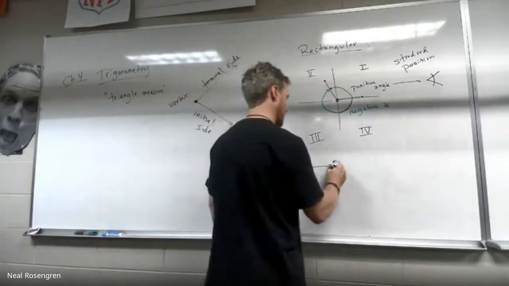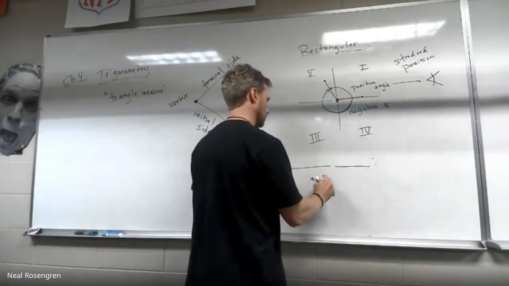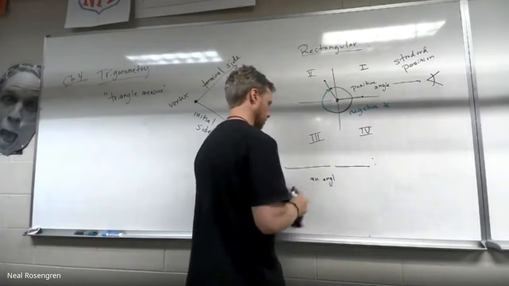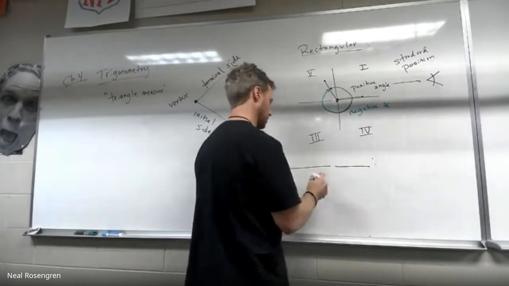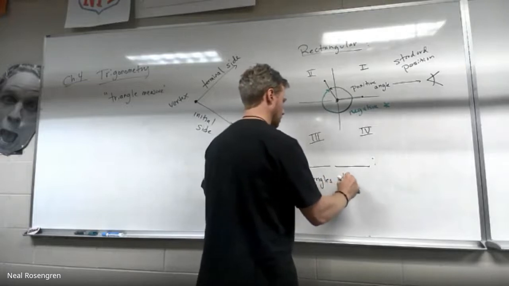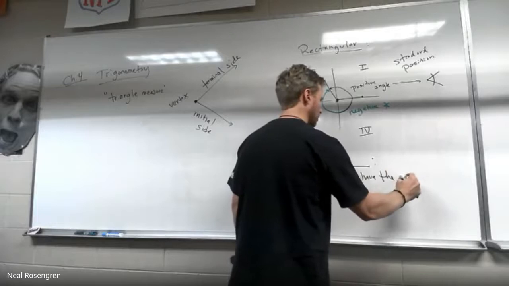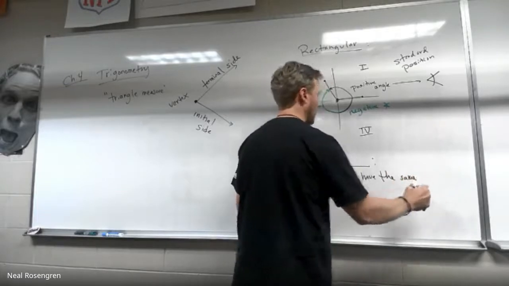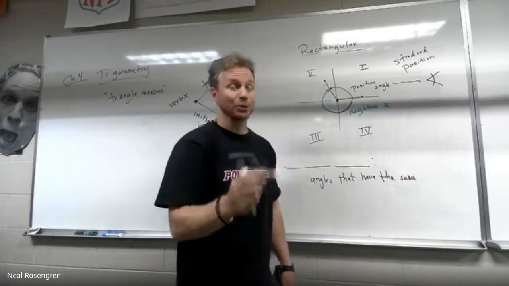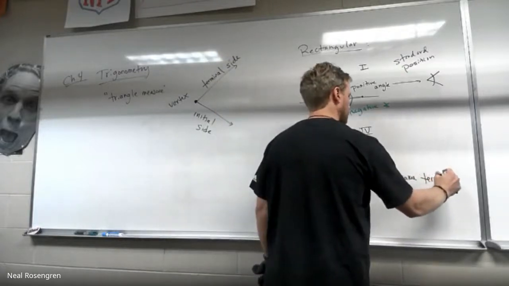What if I had an angle, sorry, not one angle, but angles, more than one, that all start with the same initial side, so I don't have to mention that, but have the same terminal side, because we're talking standard position.